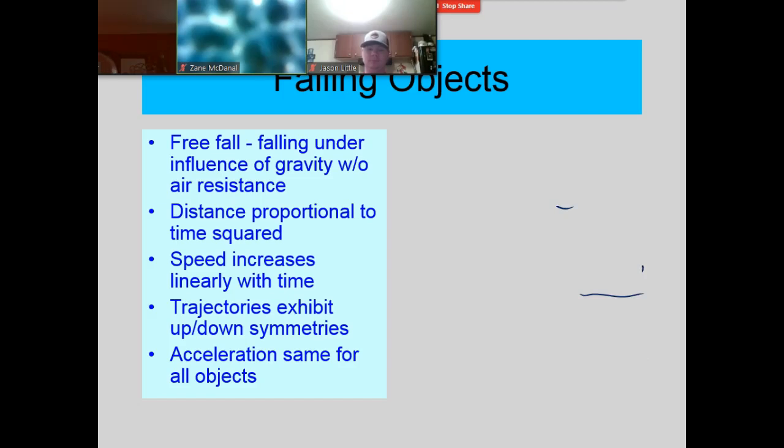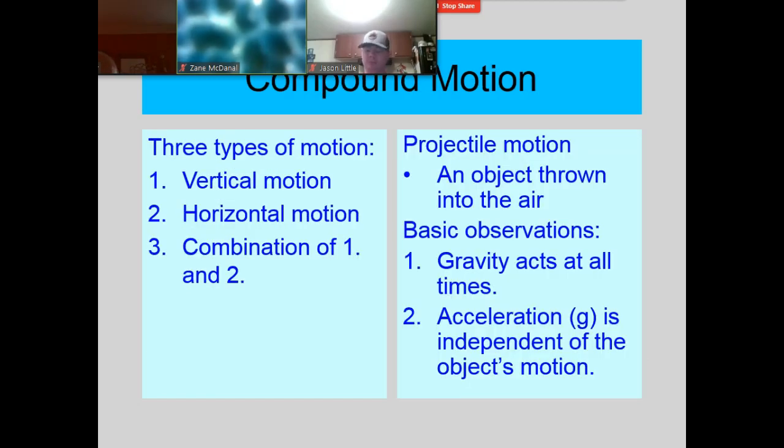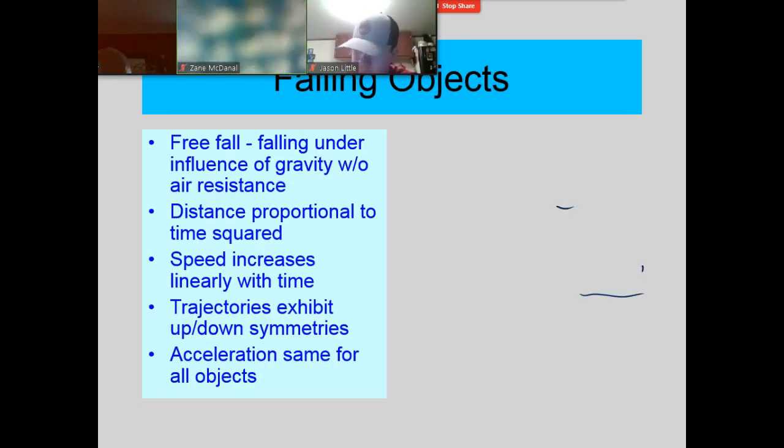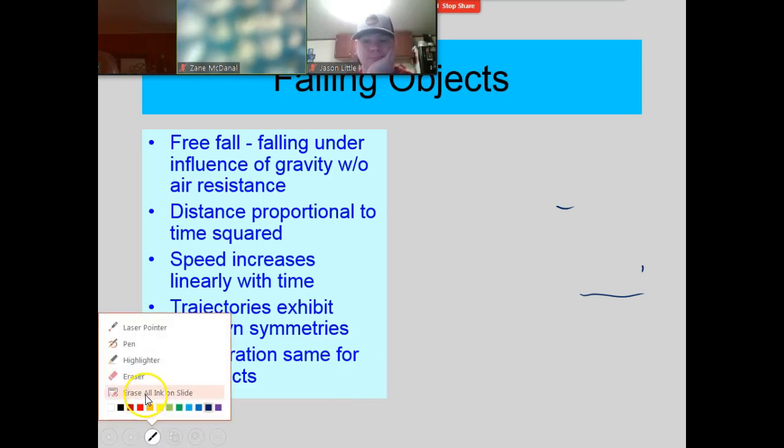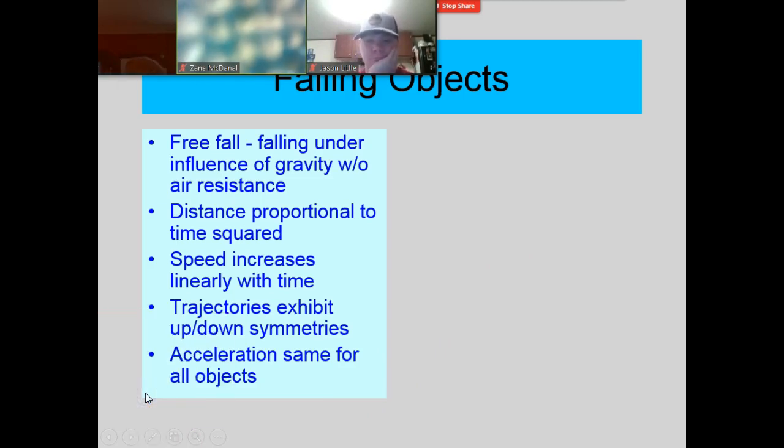Okay. Now, that was 2.4. Before we leave 2.4, let's back up and clear my screen here. And let's do example 2.7. A rock that is dropped.